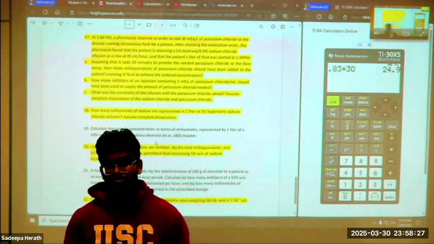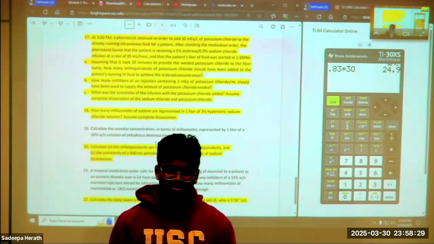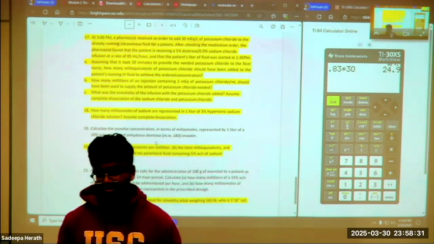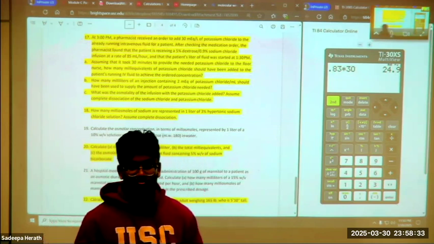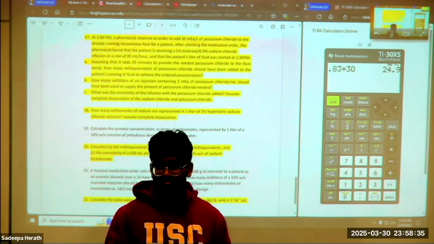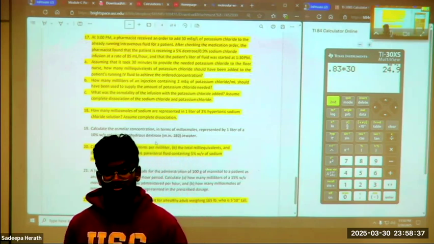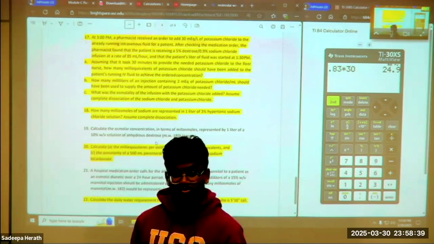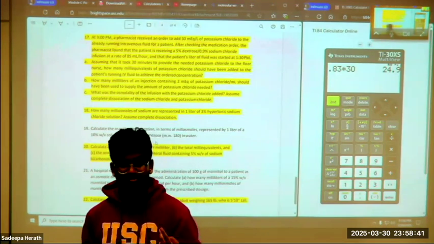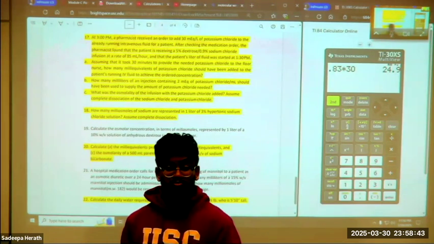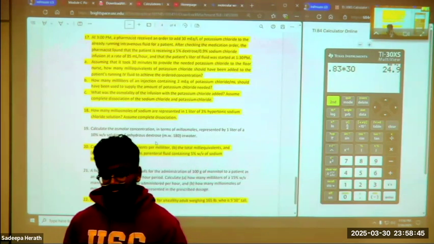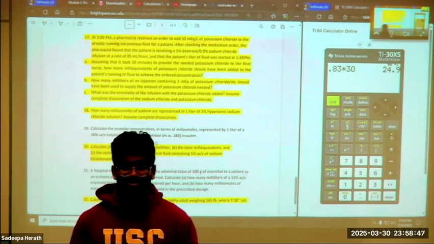Osmoles and milliosmoles consider all particles in that compound. So for KCl, there is 1 part K, 1 part Cl. So there are 2 parts in that compound. Therefore, 2 osmoles, 2 milliosmoles. So that's the idea when converting.